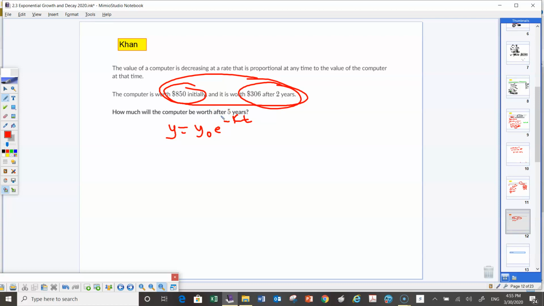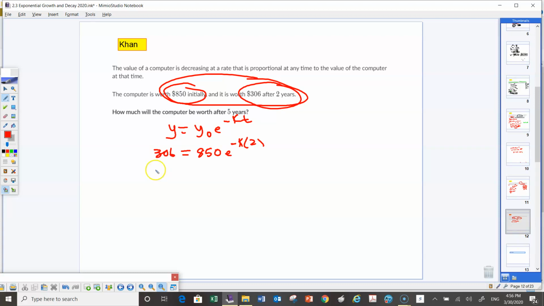So I know that initially my computer was $850, and it says that the time was 2 years, so t will be 2, and the final amount of the computer was $306. So again, we're going to have to divide both sides by 850.